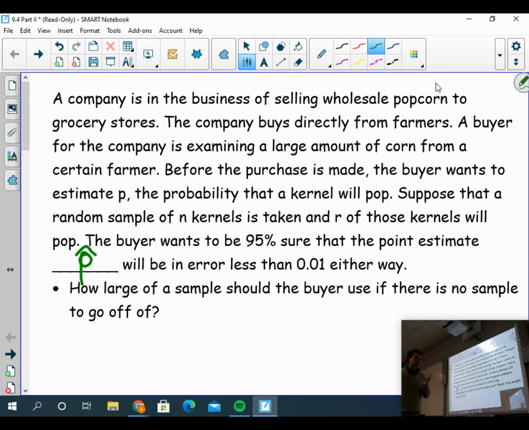He wants that distance between the sample proportion and the population proportion to be less than 1%, and he wants to be 95% confident of that. Well, we can work with that. We just have to determine the sample size the buyer needs so that the interval is less than 1% either way.